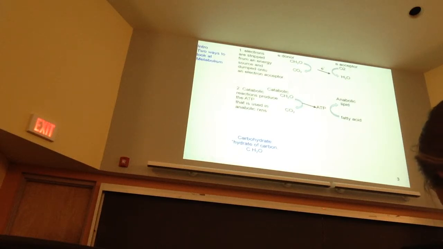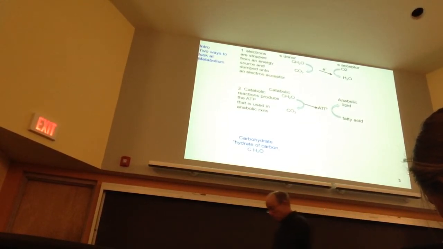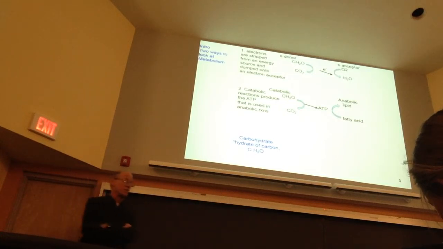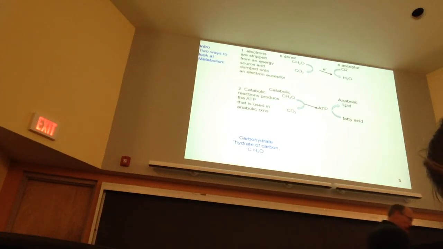One of them linked to the anabolic. So in the first, catabolic reactions are all about stripping electrons from electron-rich compounds. And the question that has to be answered in those reactions are, where are those electrons going to? And so under aerobic conditions, they go to oxygen. Oxygen is the electron acceptor.